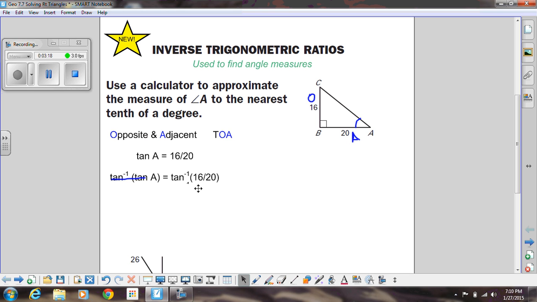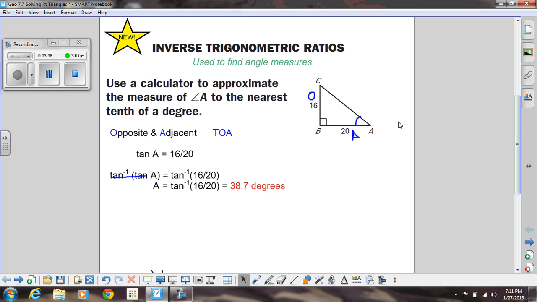It's usually above the tangent button. So you're just going to type inverse tangent of 16 over 20, and it gives you 38.7 degrees. Also make sure that your calculator is in degree mode. If you need help with that, I'll help you with that in class. So we've just found that angle A is 38.7 degrees, just by using this new idea of inverse trig.